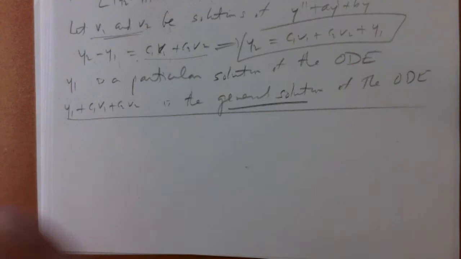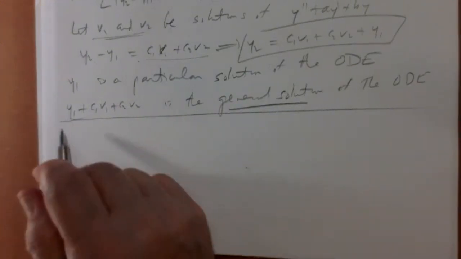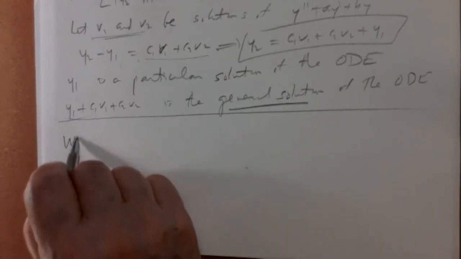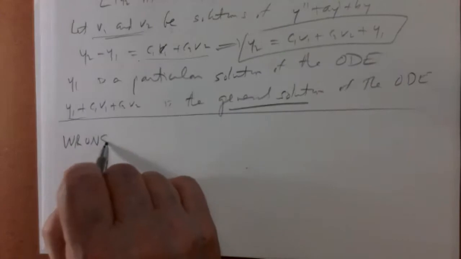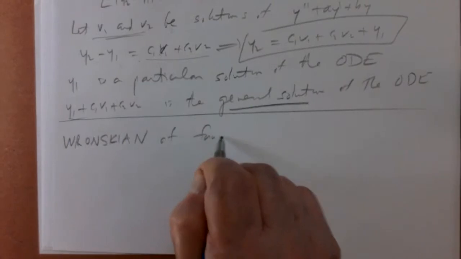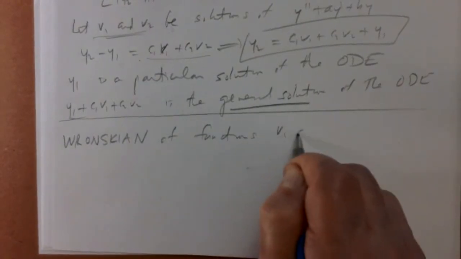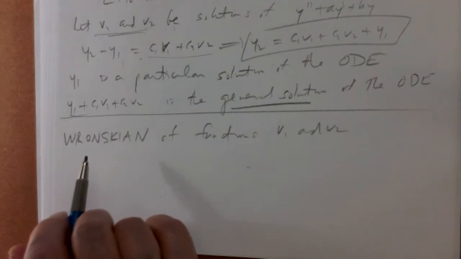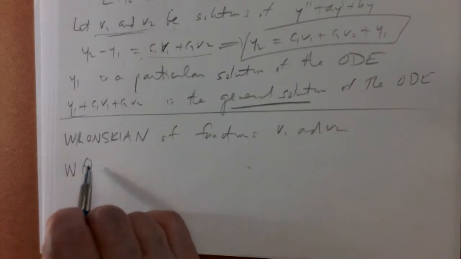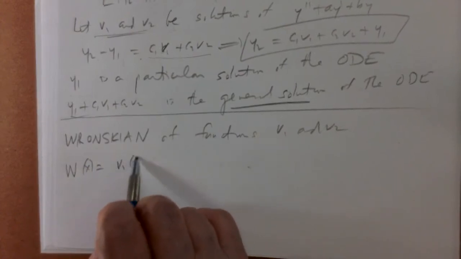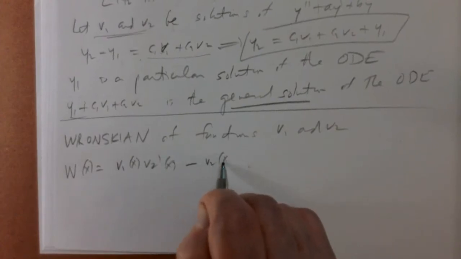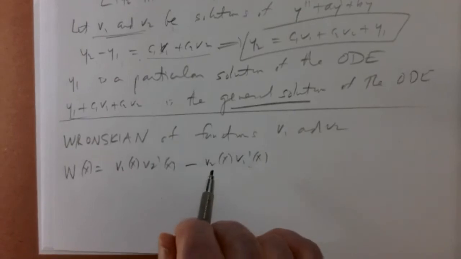Okay, so in order to solve the non-homogeneous equation, we need something which is called the Wronskian of two functions, v1 and v2. So the Wronskian, W of x, is v1 of x, v2 prime of x, minus v2 of x, v1 prime of x.